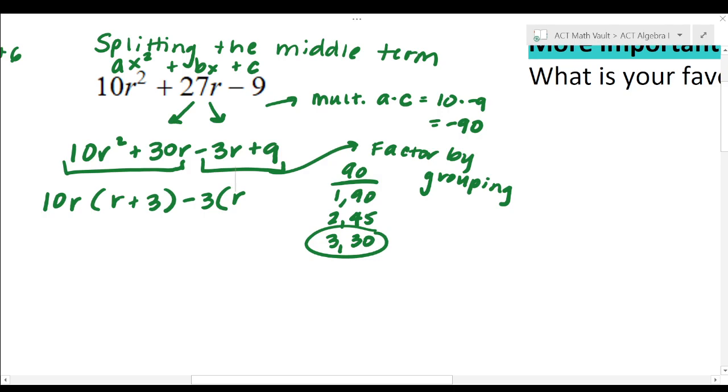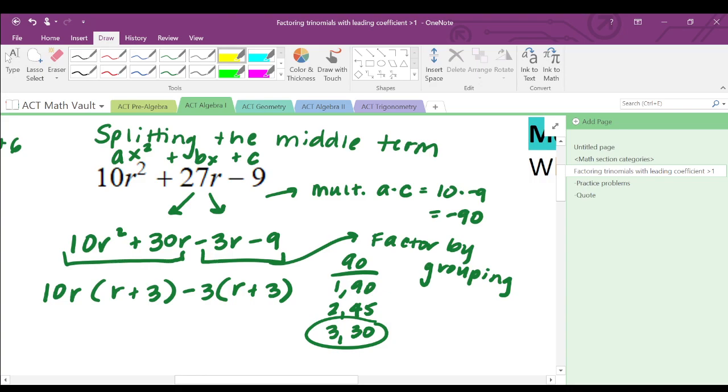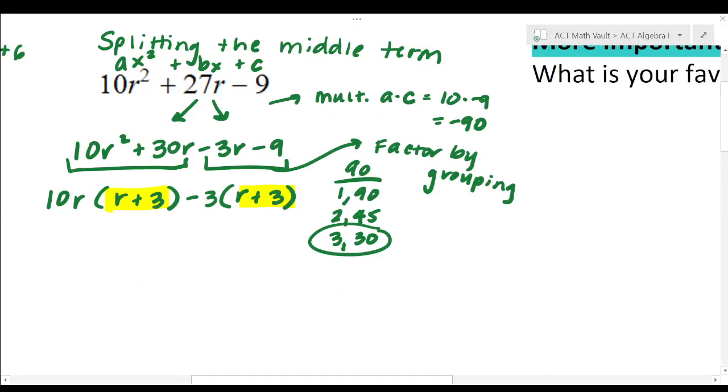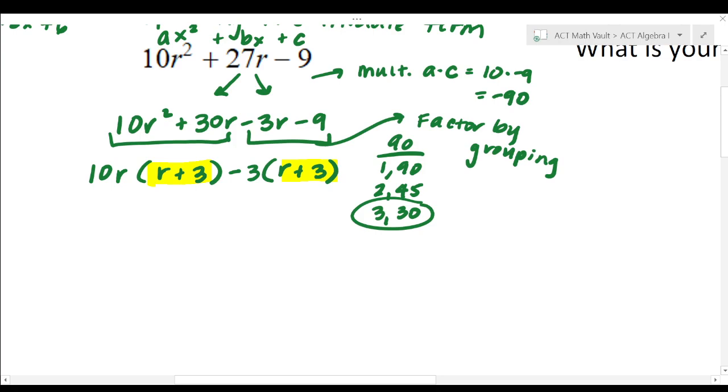Oh, you know what? I just realized that this is not a plus sign, that's a minus sign. Good. Makes a lot more sense. Now this would be r plus 3. Hey, I know I do this problem correctly when these two match. That is good news that those match, because now the answer is almost like backwards distribution.